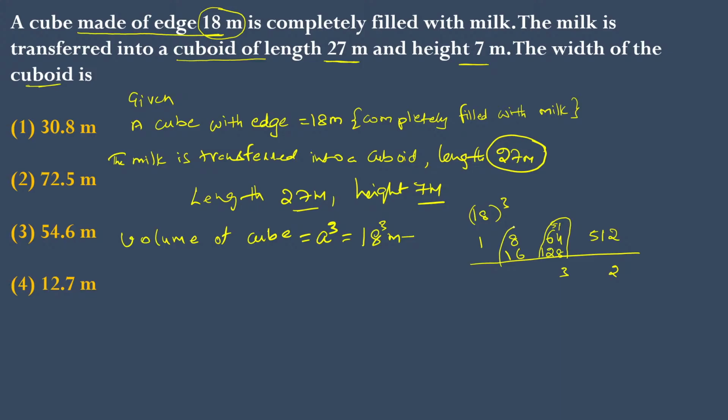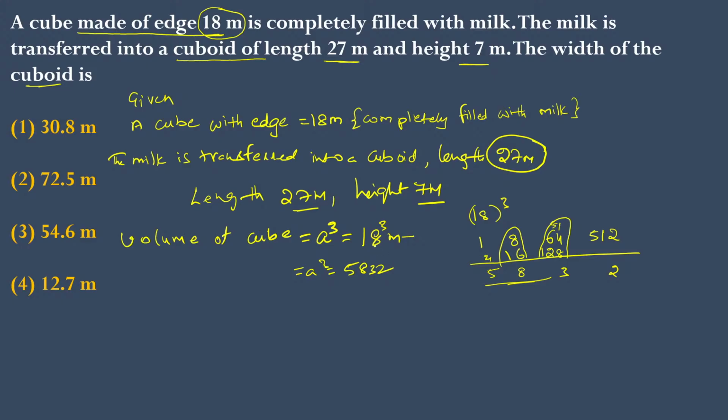Here you need to send the number, we get 8 again and here we get 4. So 5 8 3 2. So 18 cube is 5832. So the volume of the cube is 5832.